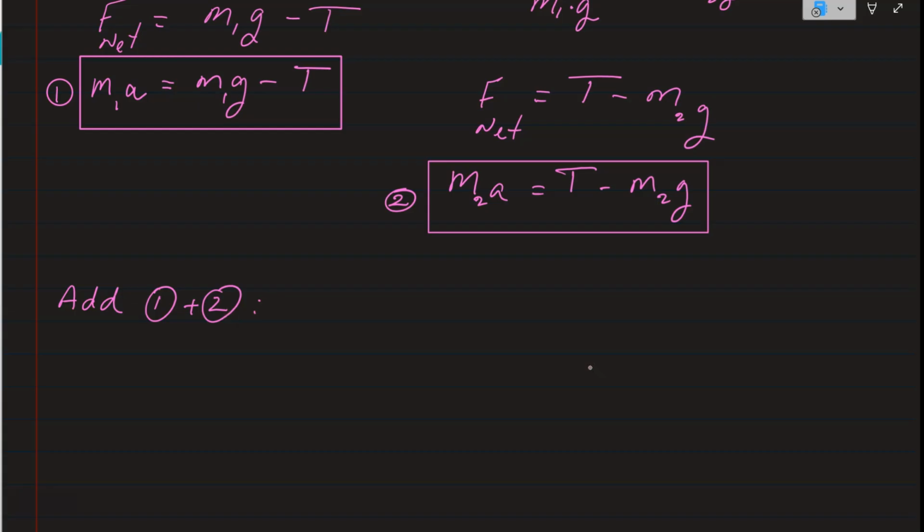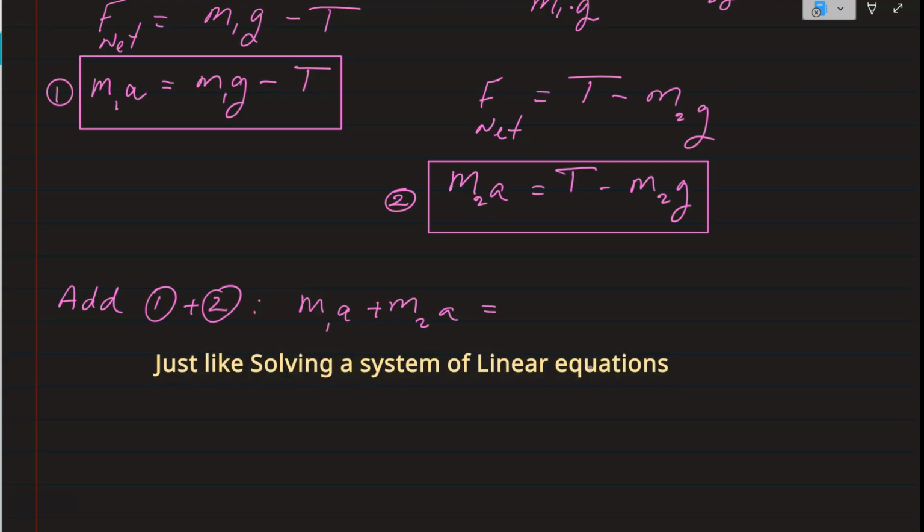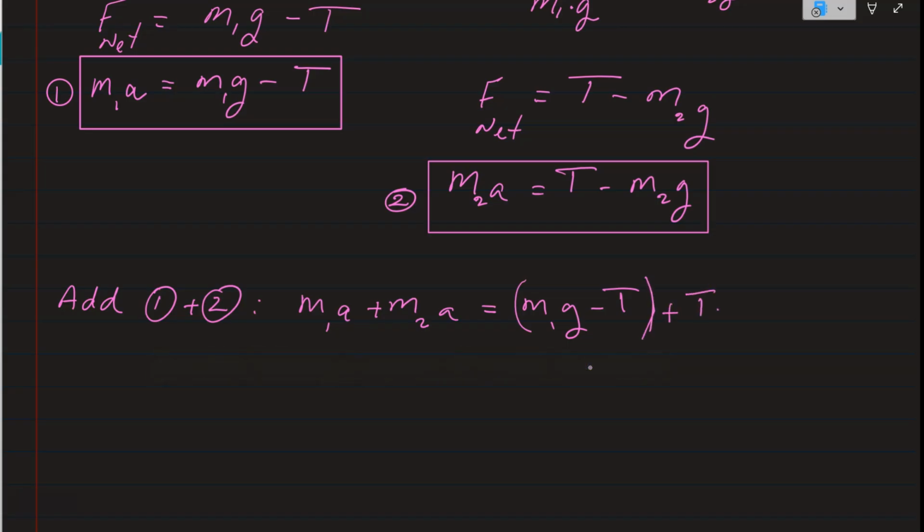So left hand side, what do we have? We have M1a plus M2a. We're going to add the two equations. That means we're adding the left hand sides and the right hand sides together. Okay, so here it is, and then this other side, M1g minus the tension, we're going to add that to the other side, T minus M2g.